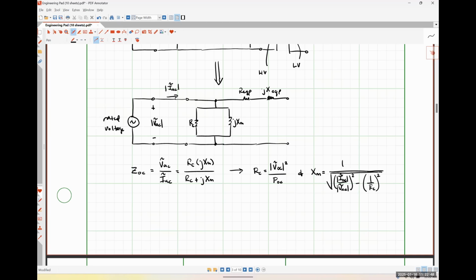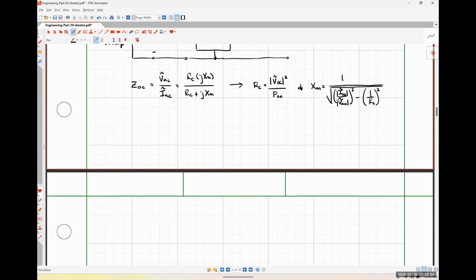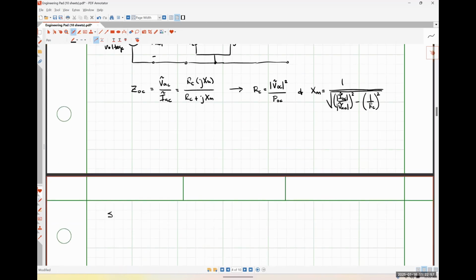In a similar style of process, we also have a short circuit test. Where in our short circuit test, generally speaking, we apply a reduced voltage across our high voltage windings and wind up short circuiting our low voltage windings.